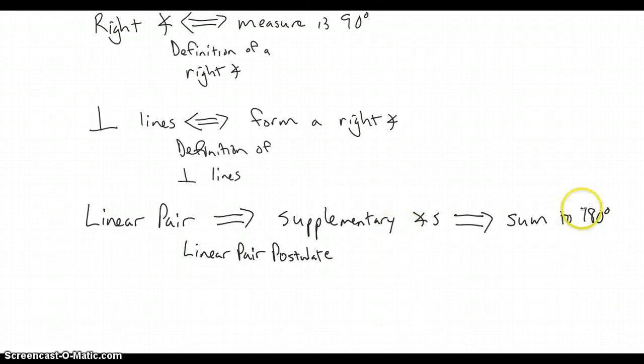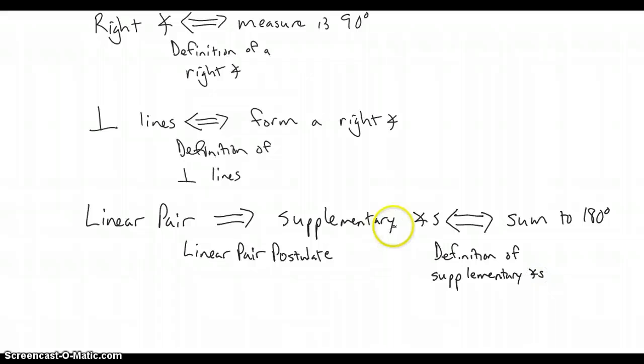And if two angles sum to 180 degrees, we can go backwards through this inference. So we can start here and conclude this, or we can start here and conclude this, because this is a definition. The definition of supplementary angles states exactly this. If two angles are supplementary, then their measures sum to 180 degrees. If two angles sum to 180 degrees, then they are supplementary.